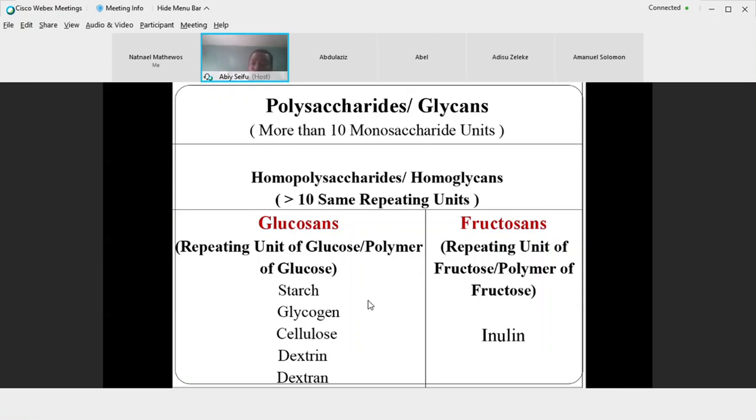When we say fructosan, the monomeric unit is fructose. Whereas when we say glucosans, the simple sugar which acts as a repeating building block should be what? Glucose. Examples: starch, glycogen, cellulose, dextrin, dextran, and so on. The best example for fructosan is inulin.